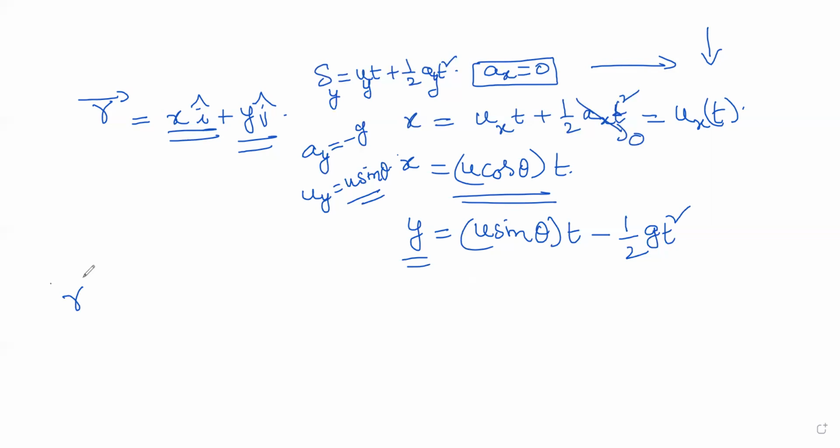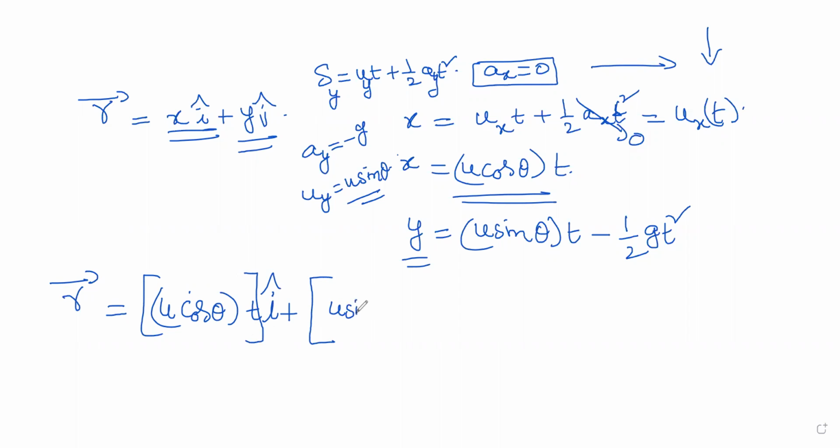So you have the position vector r bar at any point after a time of t. I'll write that statement. It happens to be u cos theta times t in the i cap direction, that is x, and the y part is u sine theta t minus half gt square.